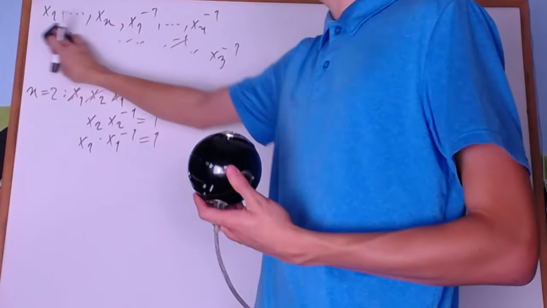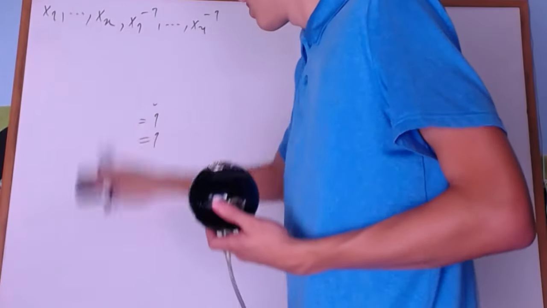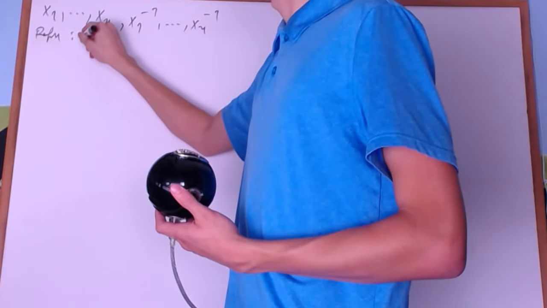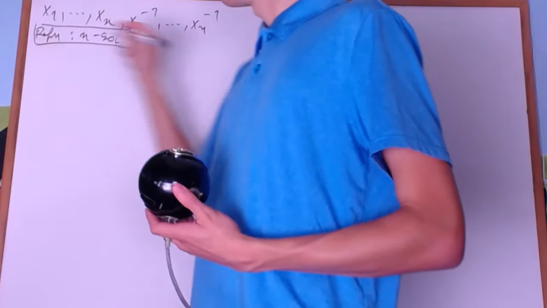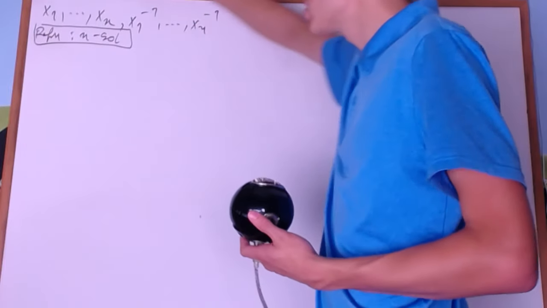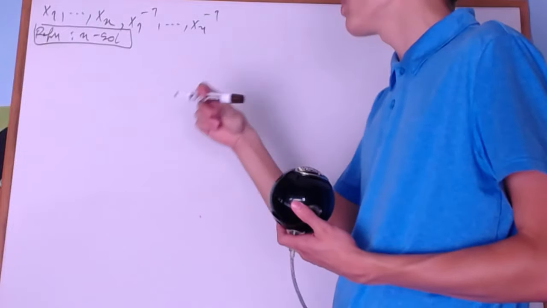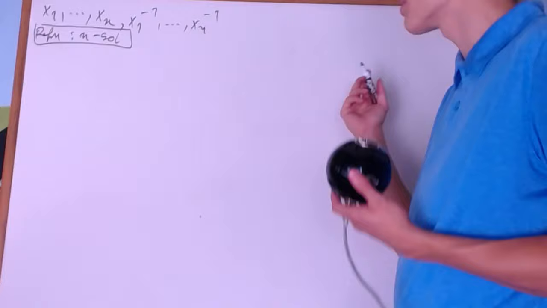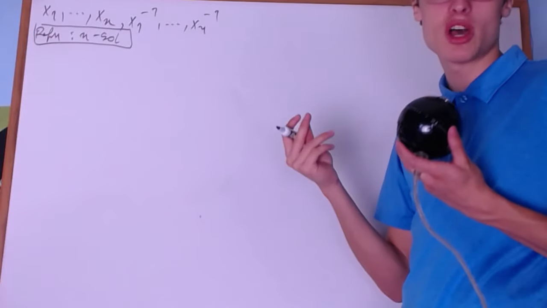And let's go ahead and define this generally. It's going to be a definition of what I call an n solution. It's a formal product of all of these different 2n symbols. So you'll have x1, x2, x1 inverse, x2 inverse, x3, x4, whatever. You're multiplying that in some order.